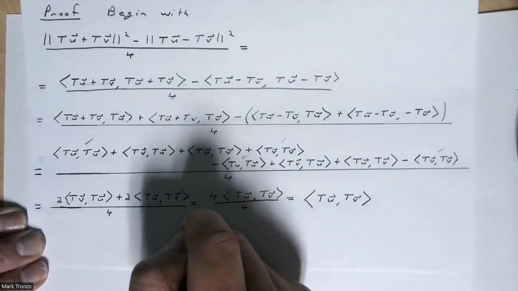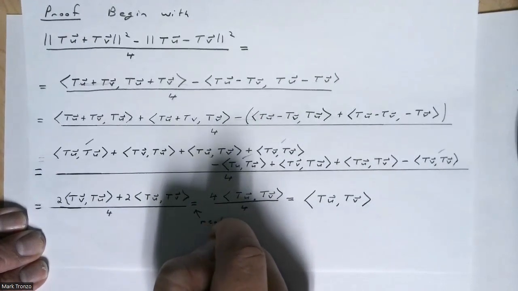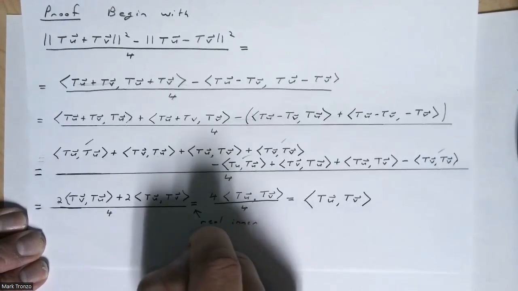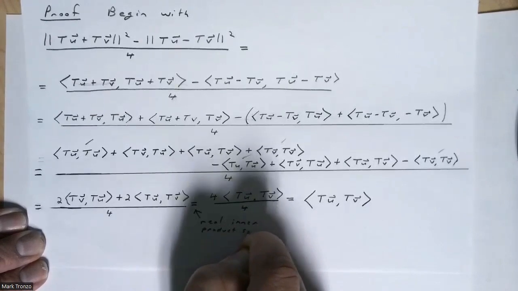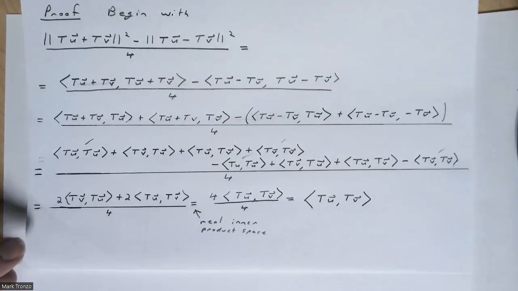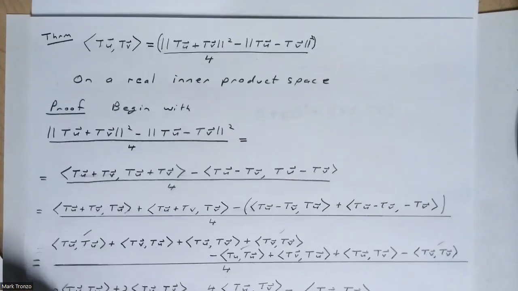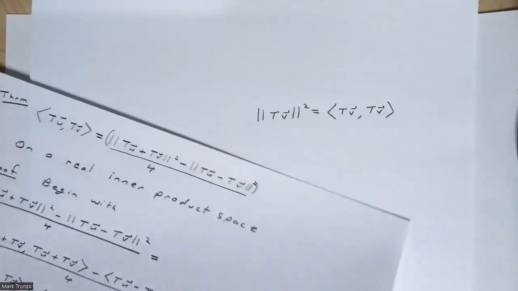So again, because this is a real inner product space, we have this. So once again, if you want more detail, you can just slow the video down and take a look. But I just wanted to go through that quickly. Again, we'll use that here in a minute.